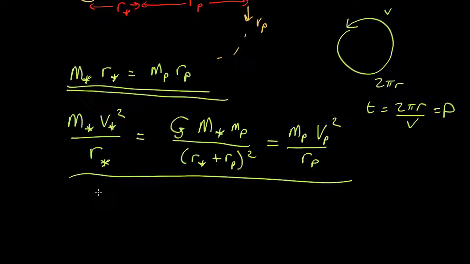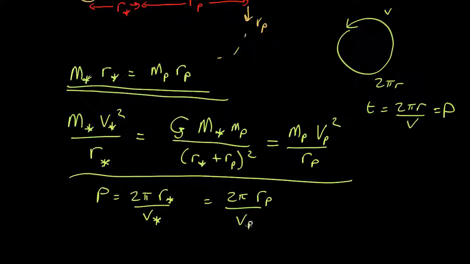So we have that the period is equal to 2 pi r of the star over the velocity of the star, or equivalently 2 pi radius of the planet over the velocity of the planet.